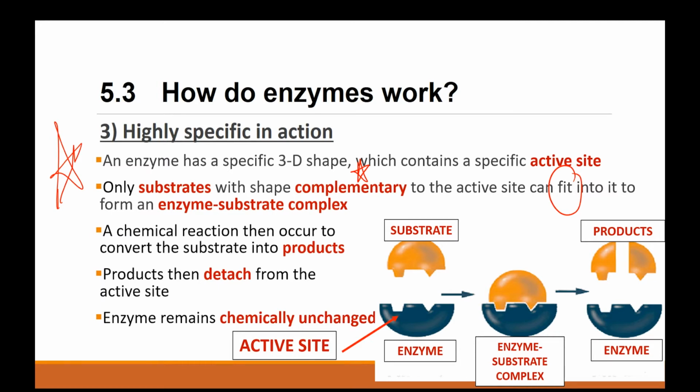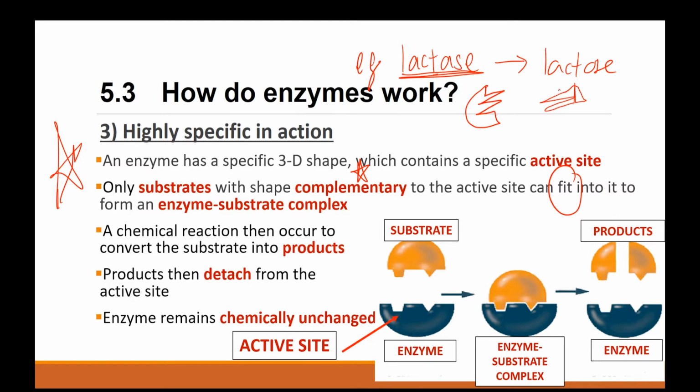Okay, so if you think about, for instance, this example, lactase acting on lactose. It's a specific shape that has a specific, what we call an active site, right? In order for the reaction to take place, the lactose must have a shape that is complementary to the active site.